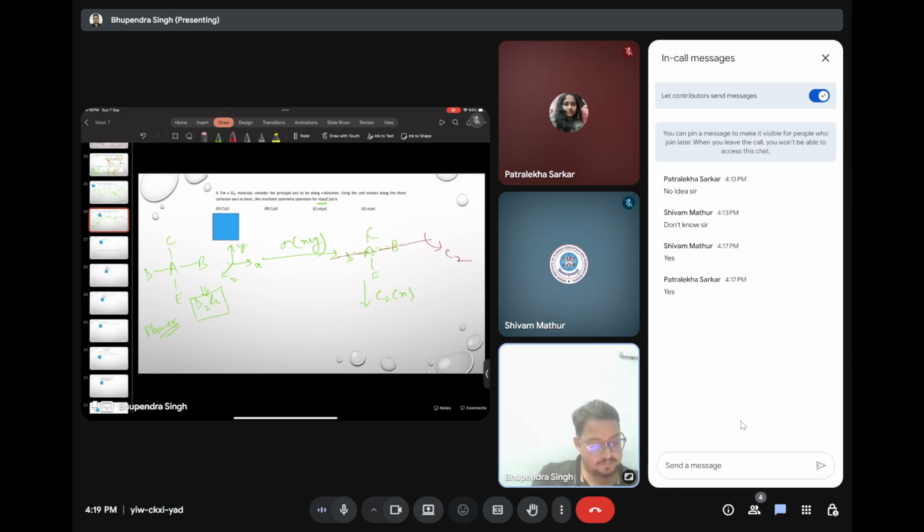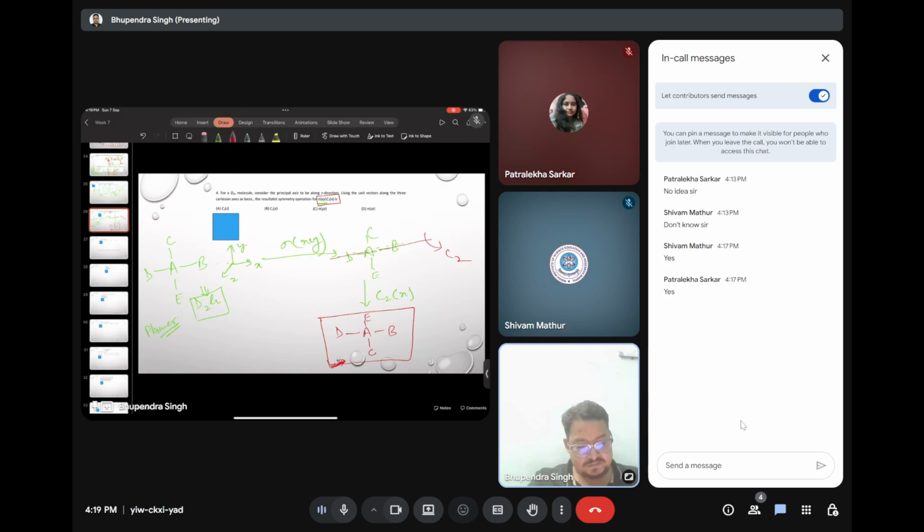So what will happen? D, A and B, E and C will exchange their position. So after applying this operation, sigma xy and C2x, you will get this molecule. The orientation of the molecule will look like this.